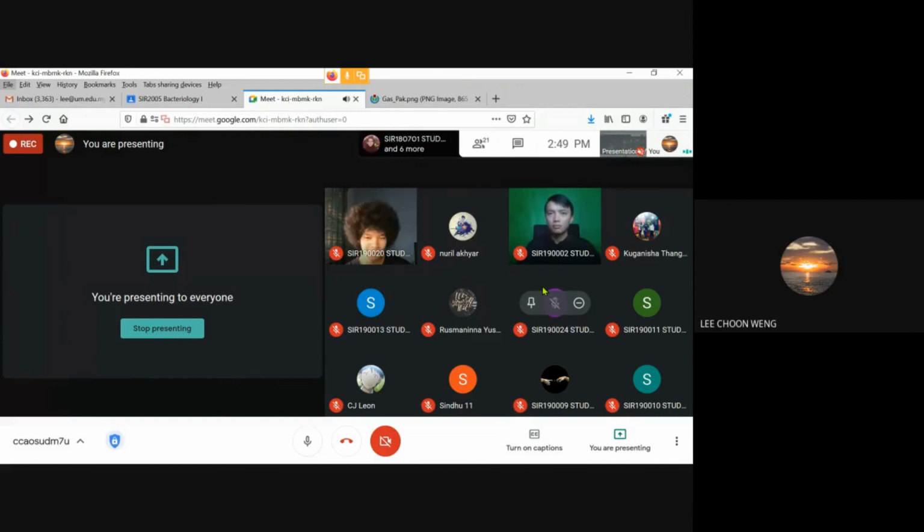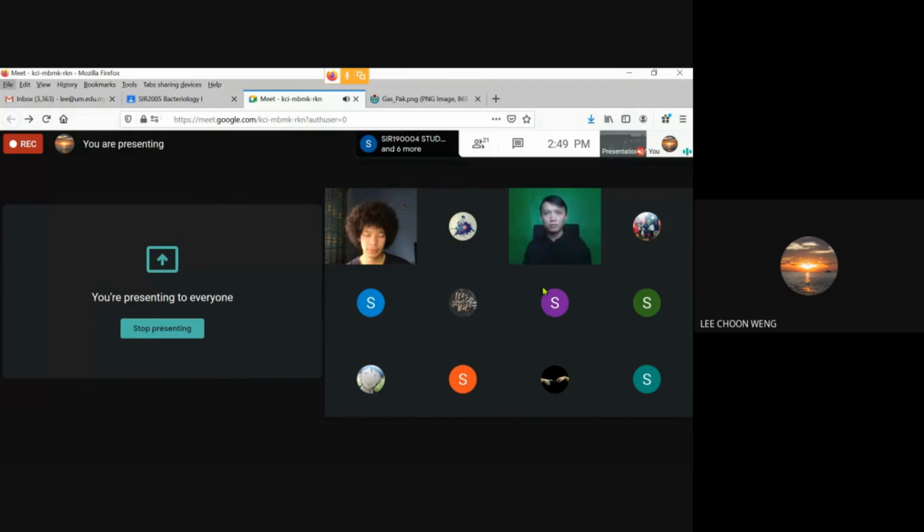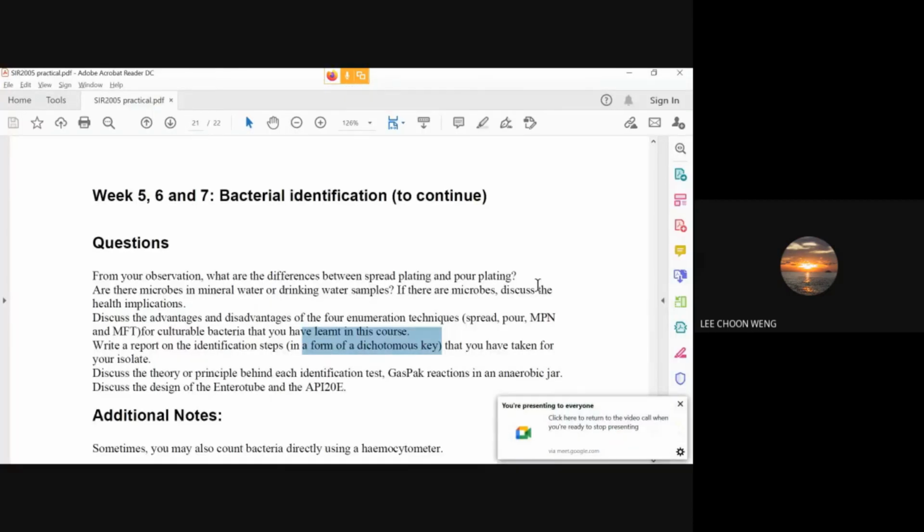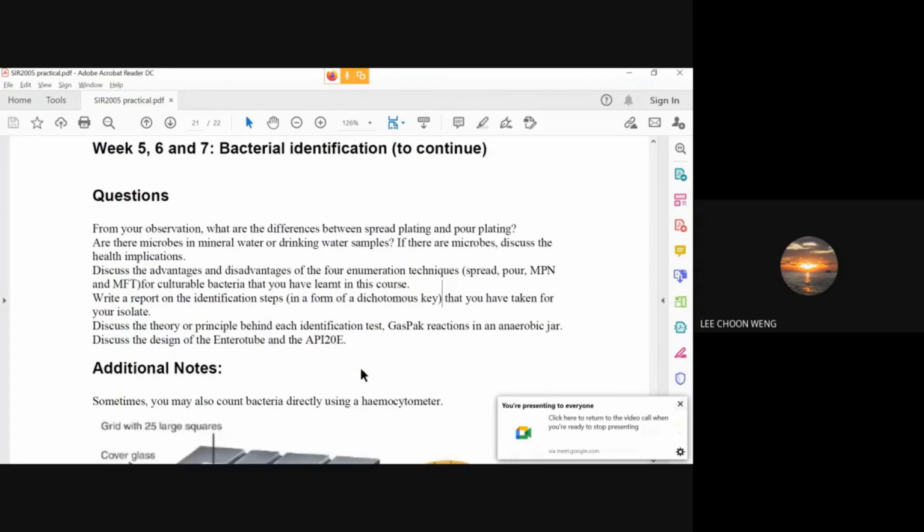Most of the tests will be done in one shot. They'll use the blunderbuss approach. They'll have the diagnostic system ready already. You need to know these principles behind each identification. Any questions about this part?